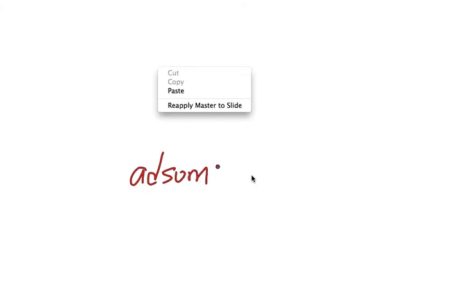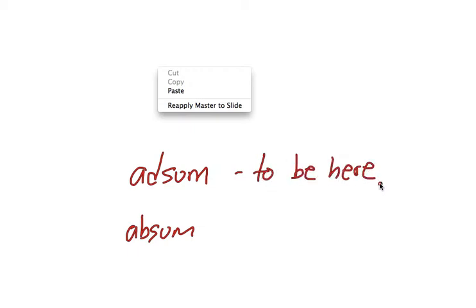Okay, last two compounds I want to talk about are adsum and absum. Okay, these are both compounds of sum. And so adsum means to be here or to be present.